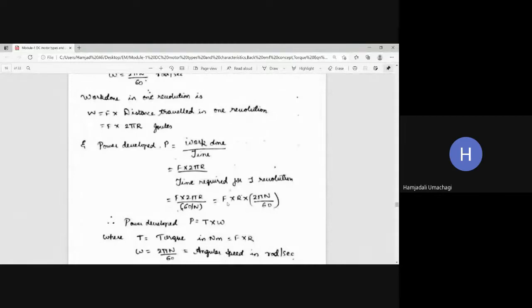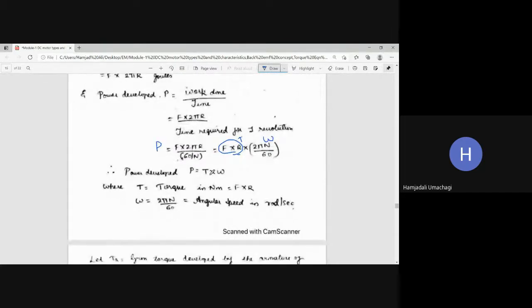So now this force into radius, F into R, whatever we have seen here, this is nothing but the torque, force with certain radius. So this is nothing but torque, and this is nothing but omega, and this is the power P. So the expression changes to: therefore power developed P is equal to the product of torque multiplied by angular speed.